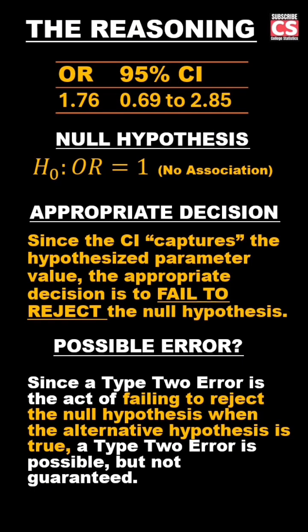Since a type 2 error is the act of failing to reject the null hypothesis when the alternative hypothesis is true, a type 2 error is possible, but of course it's not guaranteed.